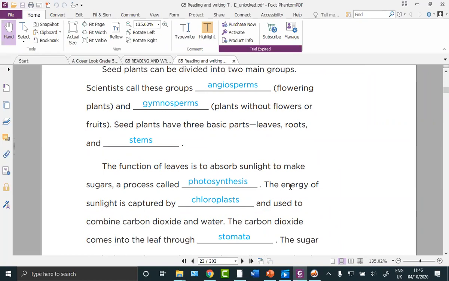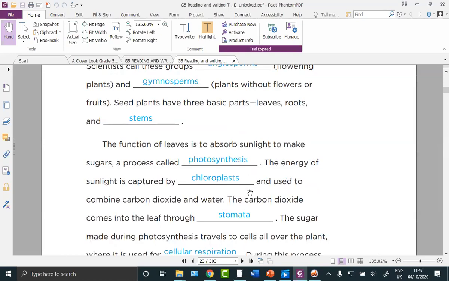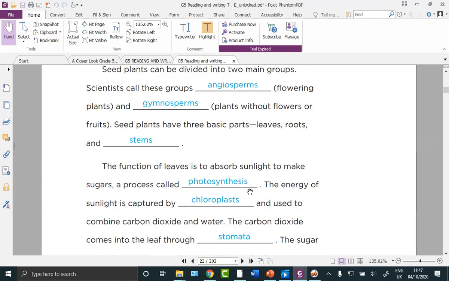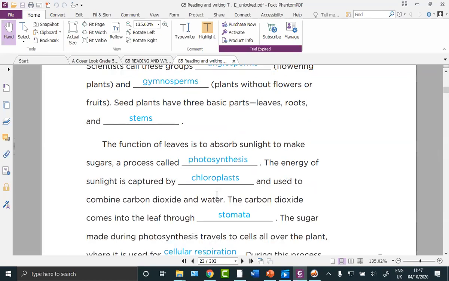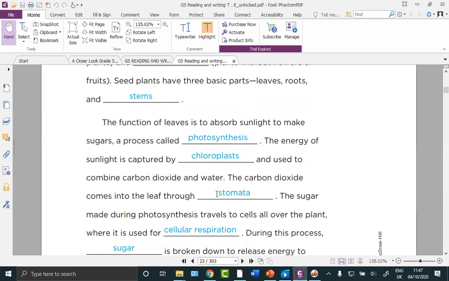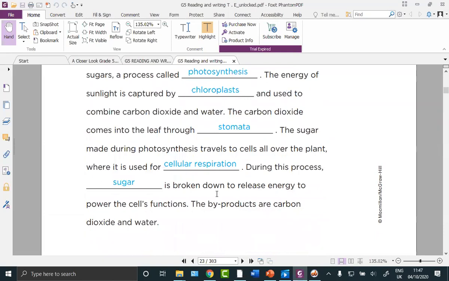The sugar made during photosynthesis travels to the cells all over the plant. It is used for cellular respiration. Now check your answer.